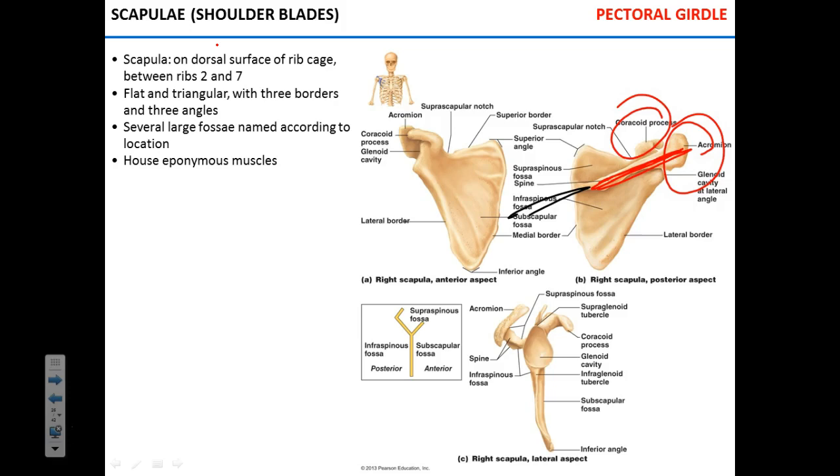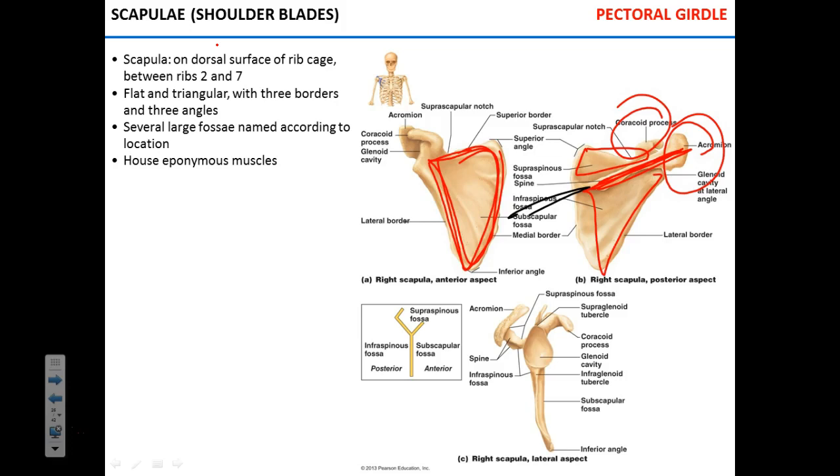One of the distinctive features of the scapula is three fossae. The fossa that faces forward is called the subscapular fossa, and that's the location of one of the muscles associated with scapular movement, called subscapularis.